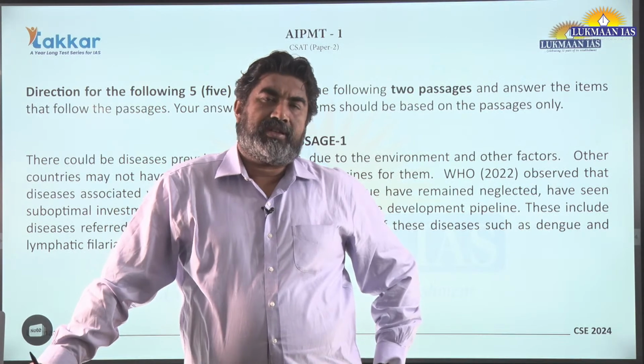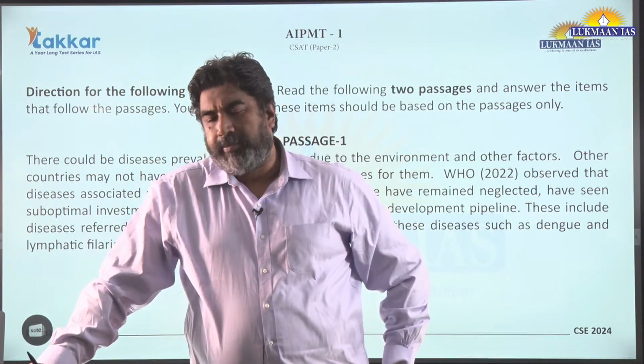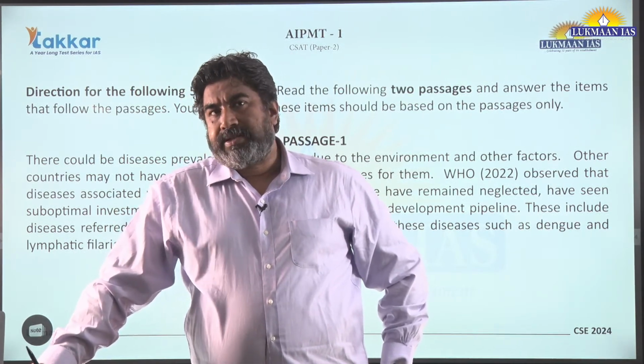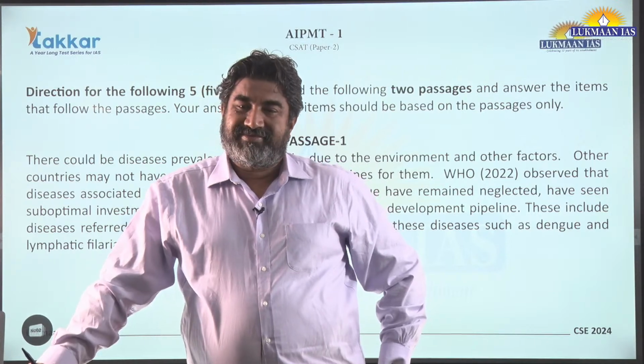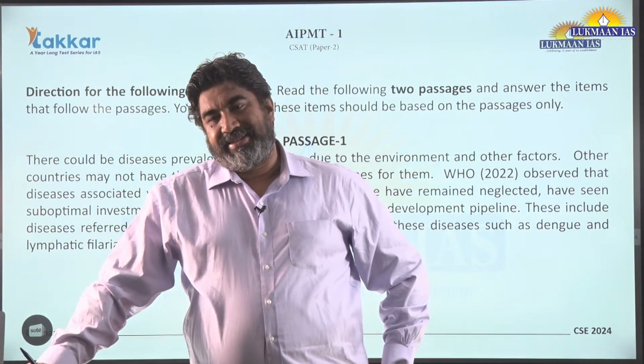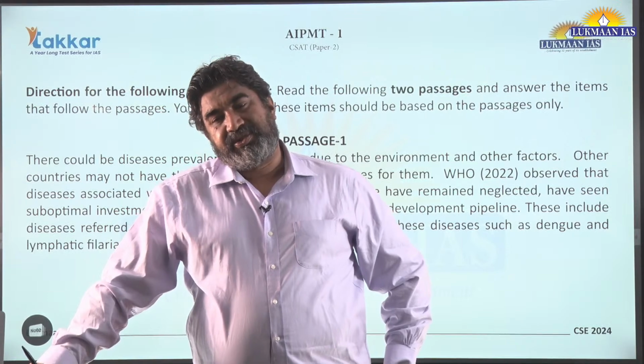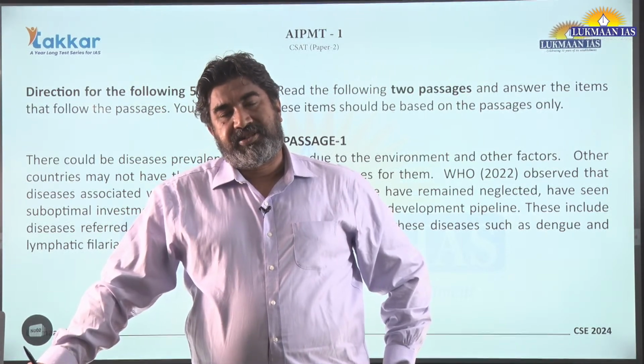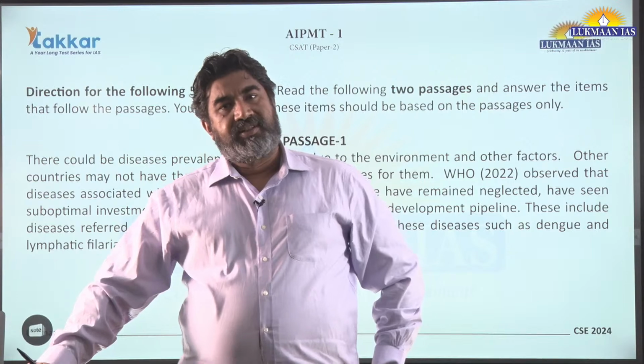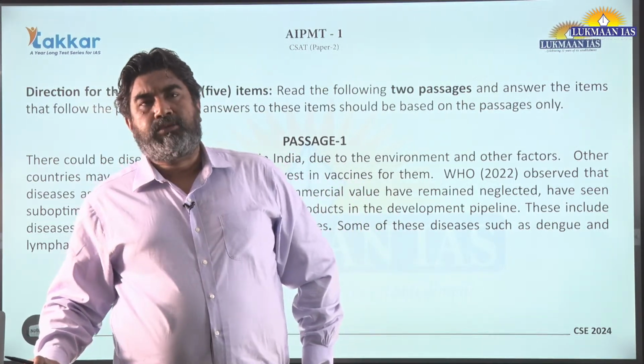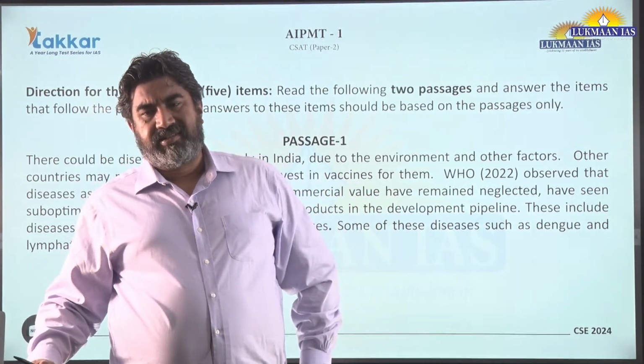At the initial level you can start like this. First, read the question. You don't have to read the passage first. Read the questions and the options. There are a maximum of 2 or 3 questions per passage.